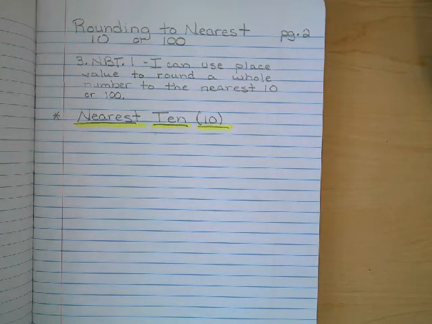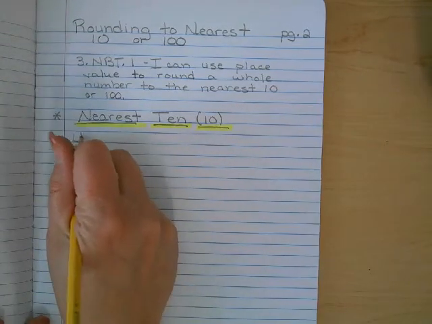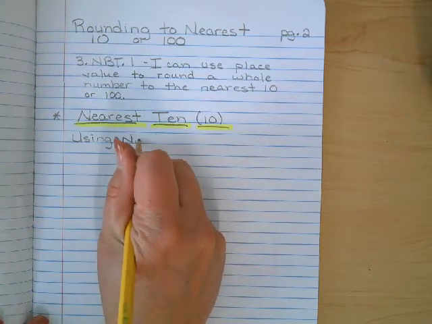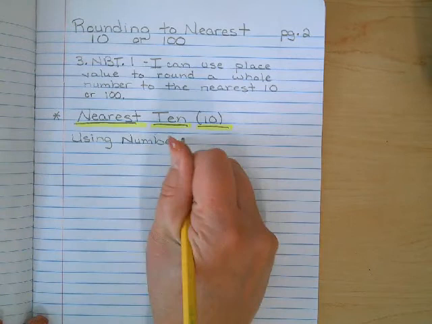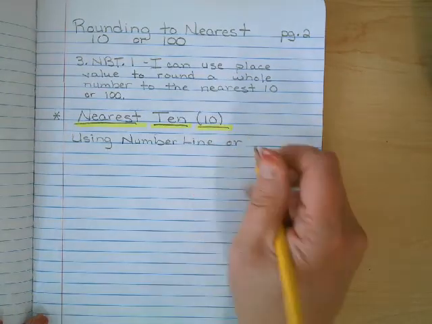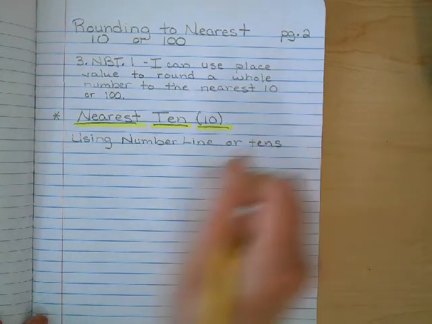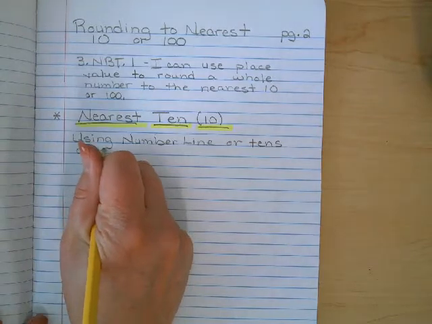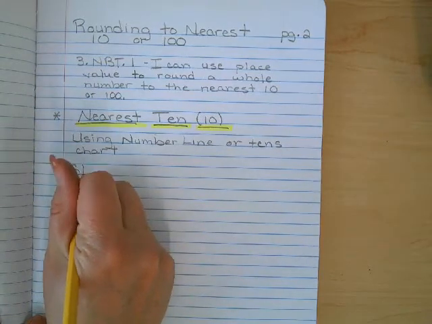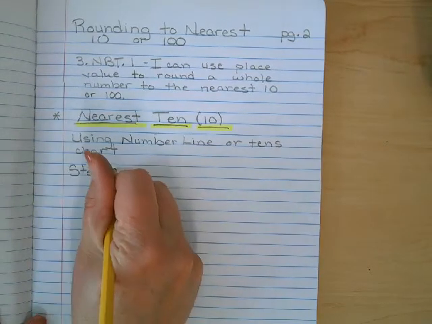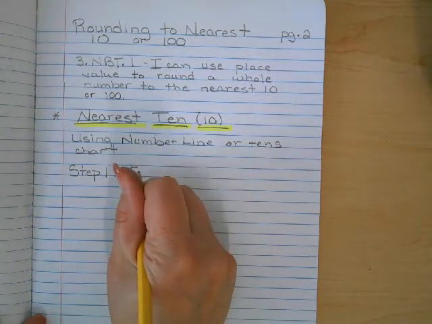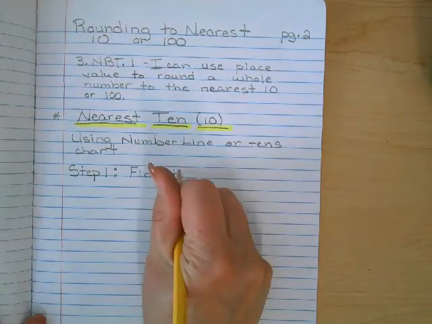So the first thing we are going to do, either using a number line, and some of you may have already created your number line, or some of you might be using your multiples of 10 chart. So using a number line or tens chart, we have some steps to rounding. So step one, we're going to look for the two tens or find the two tens the number is between.